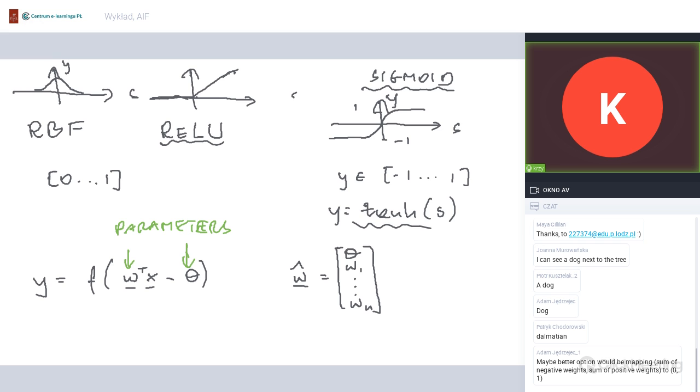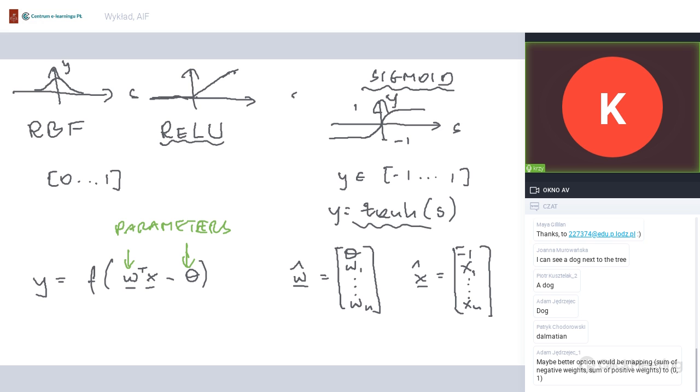If I introduce an expanded vector of inputs, I can define such an expanded vector by using all n inputs that I used previously, but also I can put one extra element at the first position, and this element is -1.